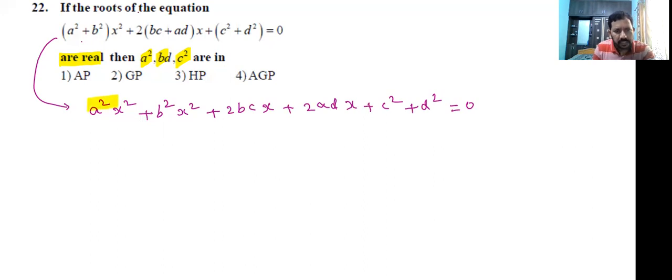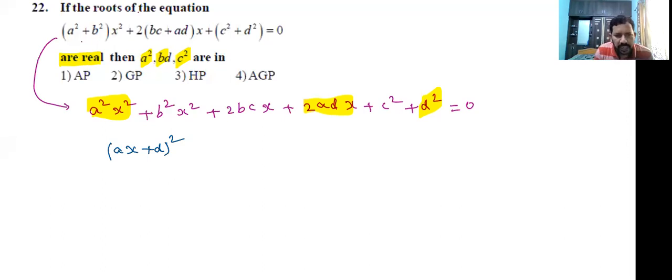Observe the first 3 terms: a square x square, 2adx and d square. By observing these 3, how to write, students? Those are ax plus d whole square only.